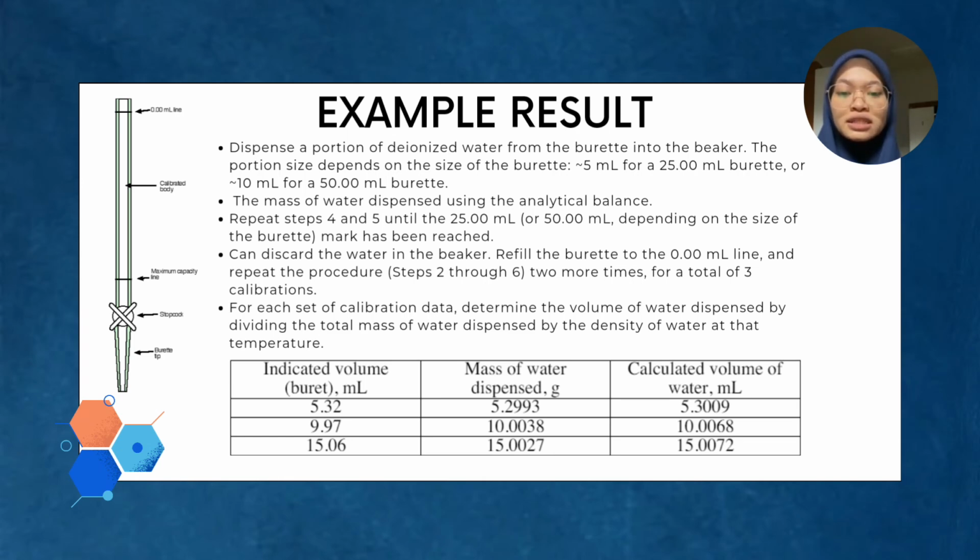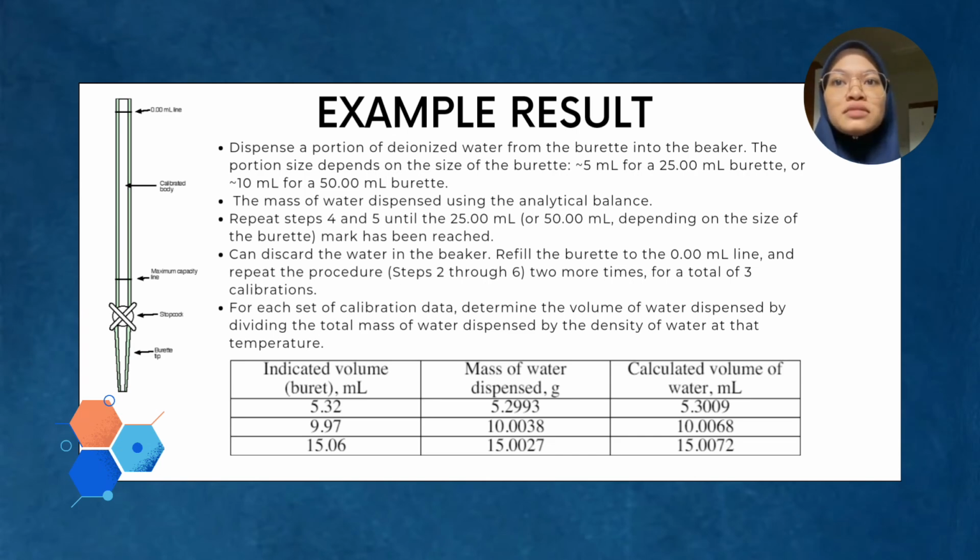To get the right volume, you have to repeat the step until the 25 ml or 50 ml mark, depending on the size of the burette, has been reached. For each total volume of water dispensed, you need to record the total mass.